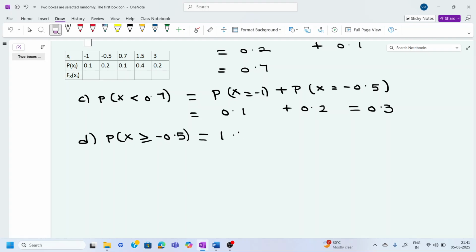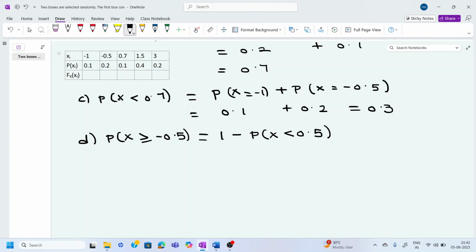So this we can write as probability of x greater than or equal to minus 0.5, as 1 minus probability of x less than minus 0.5. So this we can write as the sum of the sample points, whose total sum is 1.